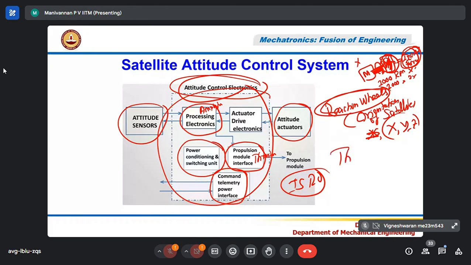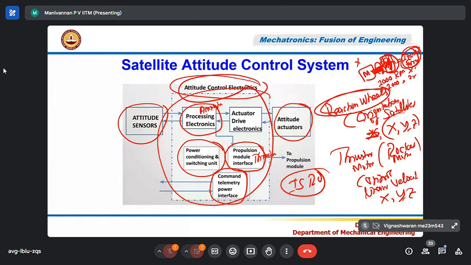The thruster motors, again you remember, please note that is not an electric motor, it is a rocket motor. They are going to control the linear velocity with respect to x, y, z.